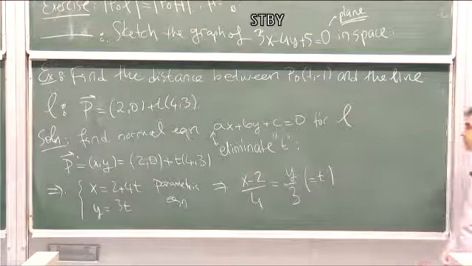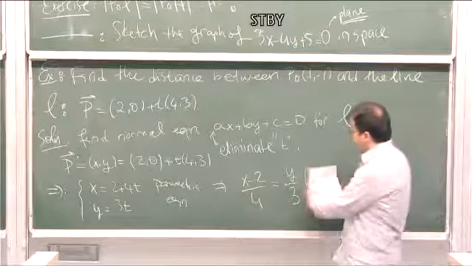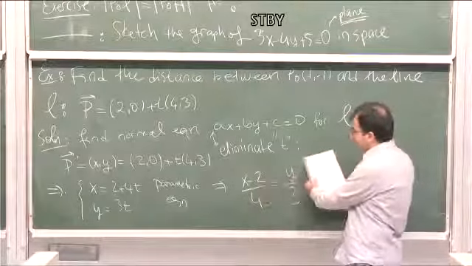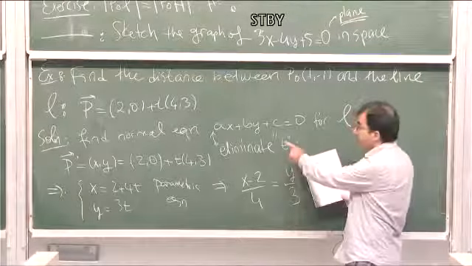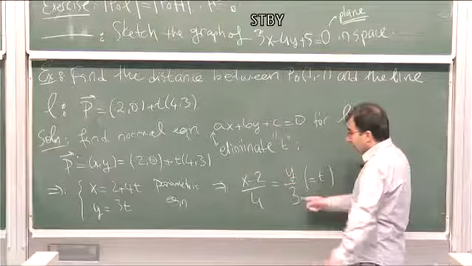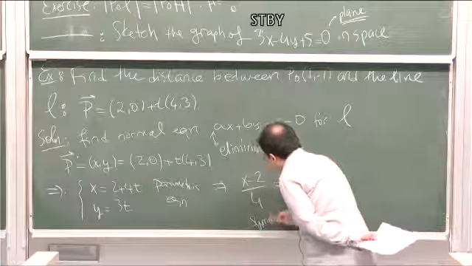Now you see, I got these equations. This is an equation, and there is no t in it, right? So I have eliminated t, but this must also be familiar to us. This is what we call the symmetric equation.